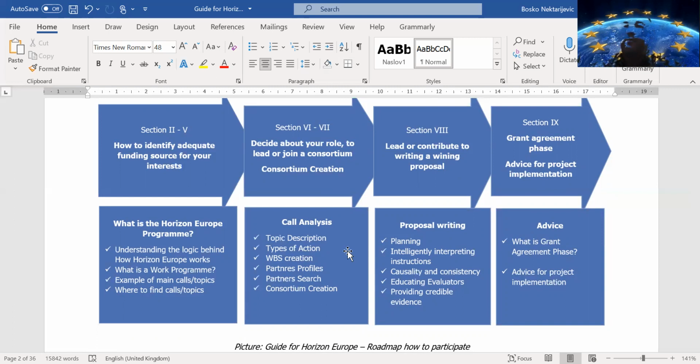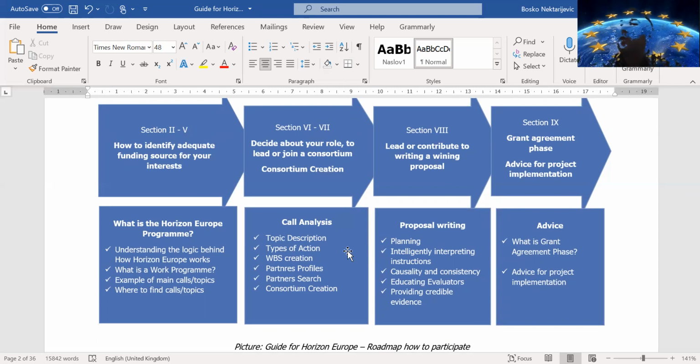Now, decision otherwise may be for you to lead a consortium and to write a project proposal or lead a project proposal writing process, which would be probably more correct way of presenting it.